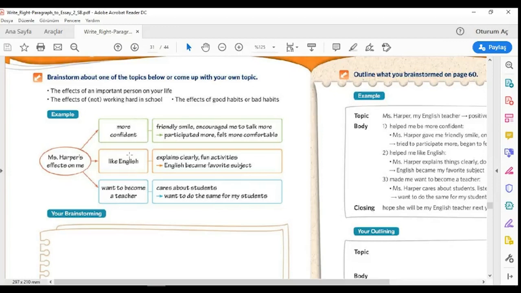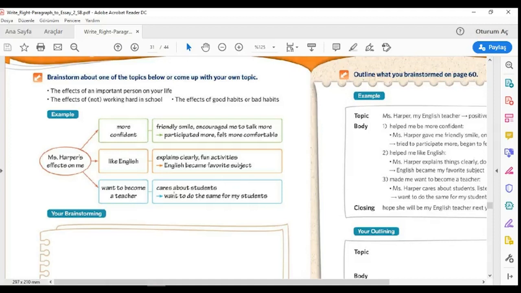How did Miss Harper accomplish all of these? She made me more confident because Miss Harper has a friendly smile. She encouraged me to talk more, participate more, and I felt more comfortable. How did Miss Harper make me like English? Because she explains clearly, she has fun activities, and English became my favorite subject. And then why do I want to become a teacher because of Miss Harper's effect?